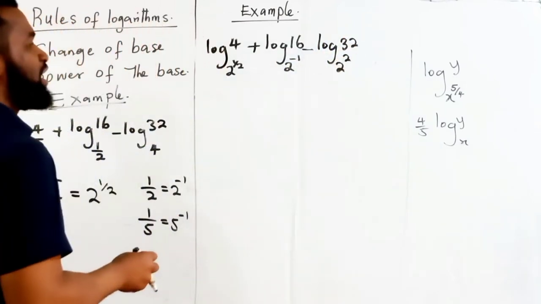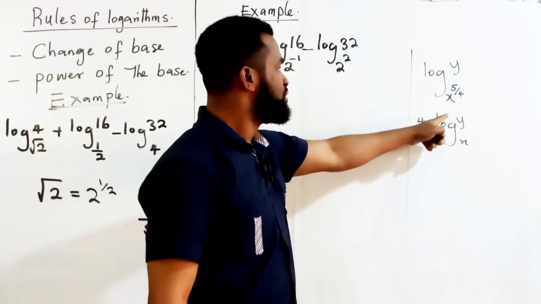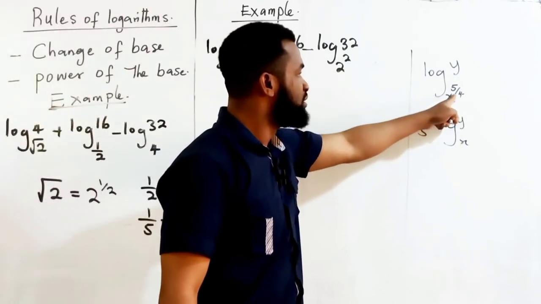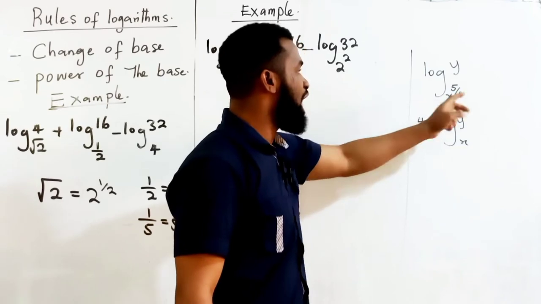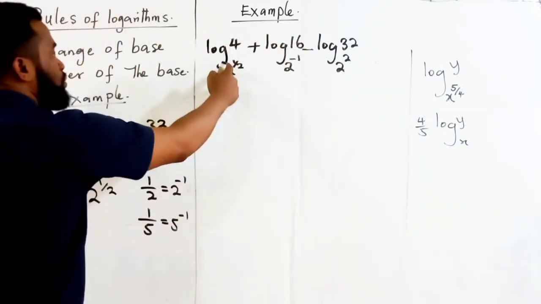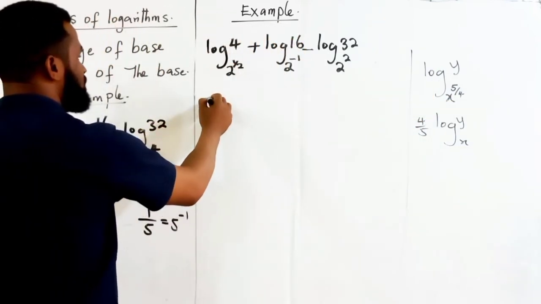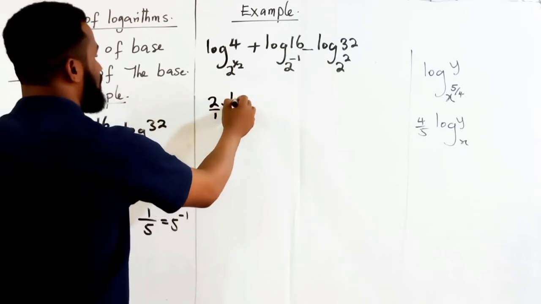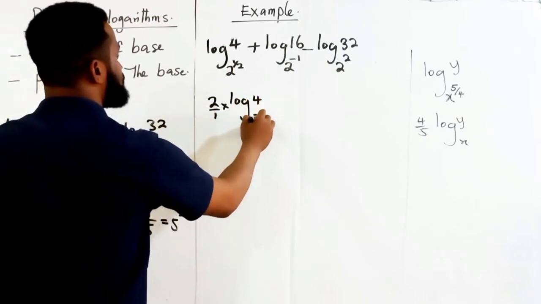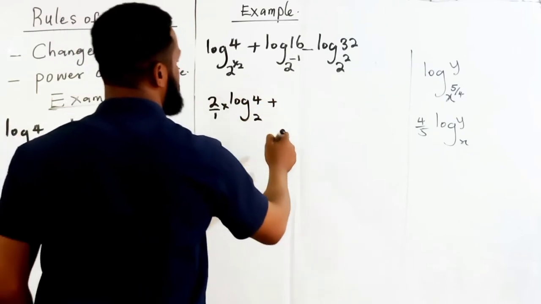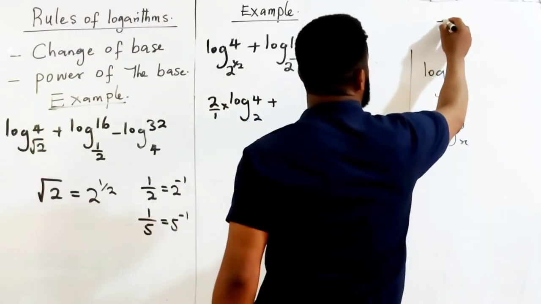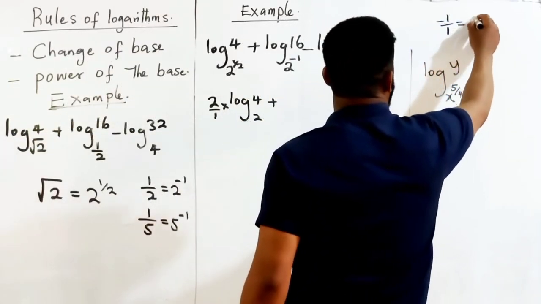You see? Now, I'm going to apply this principle. The power will invert itself and multiply the log. So you see, 1 over 2 is going to turn to be 2 over 1 times log 4 base 2. Then plus, remember, minus 1 over 1 is something as 1 over 1.